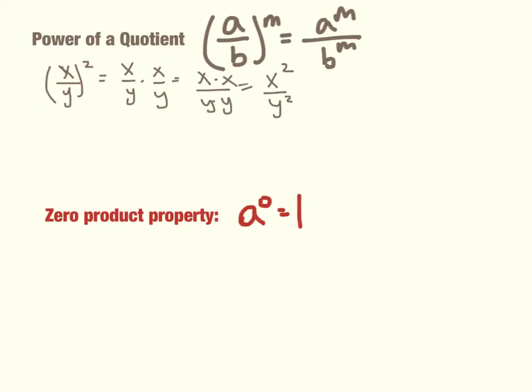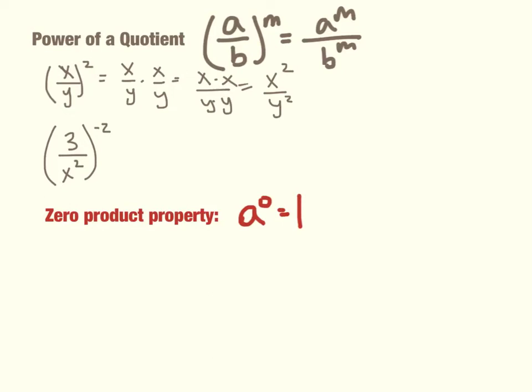All right, let's try it out. Let's say that I have 3 over x squared raised to the negative 2 power. Every single thing inside this parentheses is about to be raised to the negative 2 power. Whenever you're raised to a negative power, that just means you're in the wrong spot.